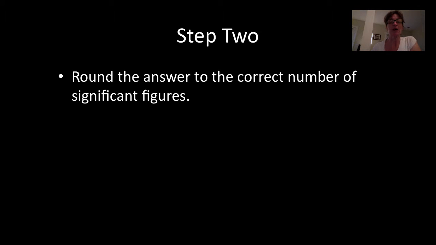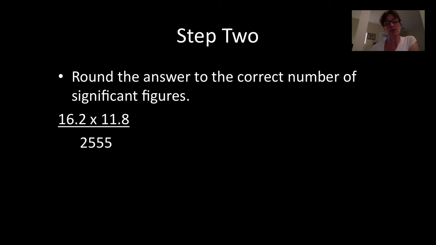Step 2, I'm going to round the answer to the correct number of significant figures. As you can see, my first two numbers that I multiplied each have 3 significant figures. The number that I divided by has 4. The rules tell us that when multiplying or dividing numbers that are measurements, we take the least number of significant figures.